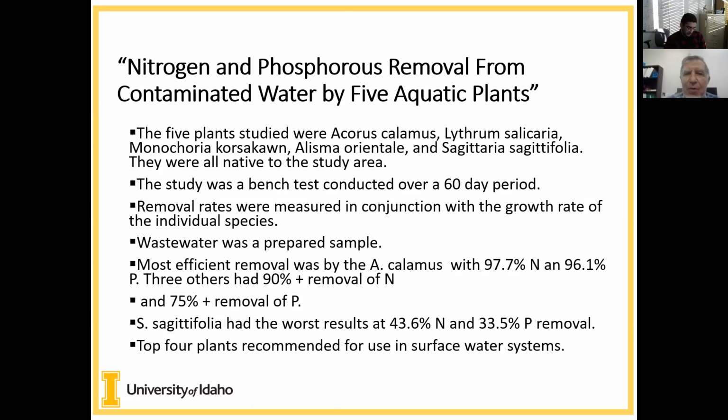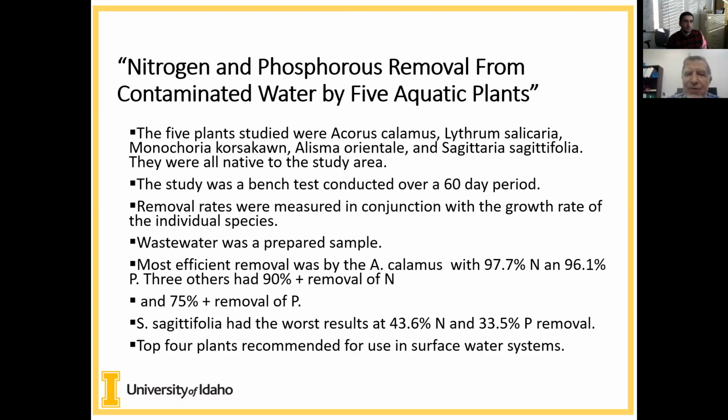Most efficient removal was by the A. calamus with a 97.7% nitrogen and a 96.1% phosphorus. 3 others had a 90% plus removal of the nitrogen and a 75% plus removal of phosphorus. The S. sagittifolia had the worst results at 43.6% nitrogen and 33.5% removal of the phosphorus.